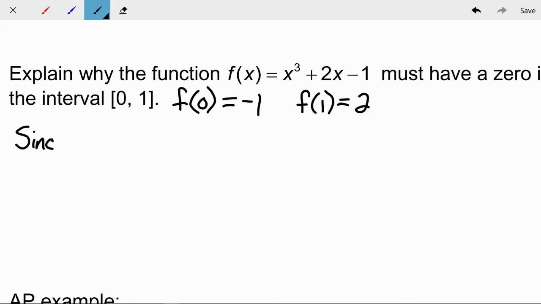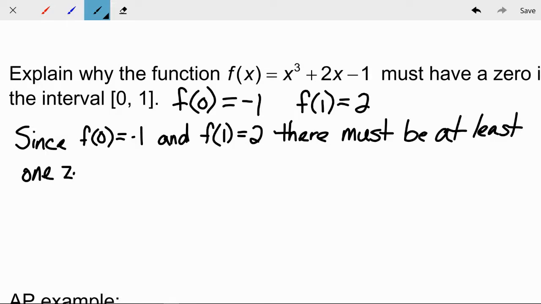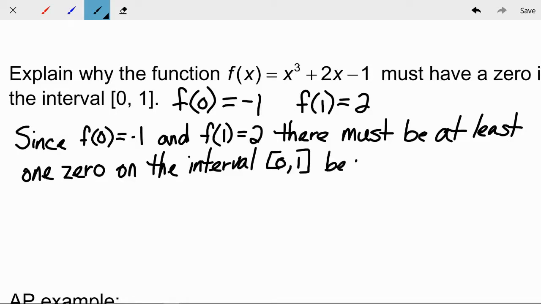Since f of 0 is -1 and f of 1 is equal to 2, there must be at least one 0 in the interval 0 to 1, because f of x is continuous everywhere.